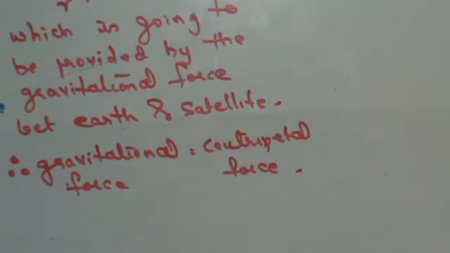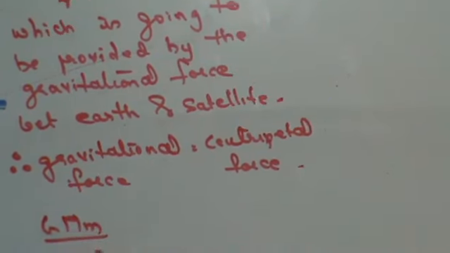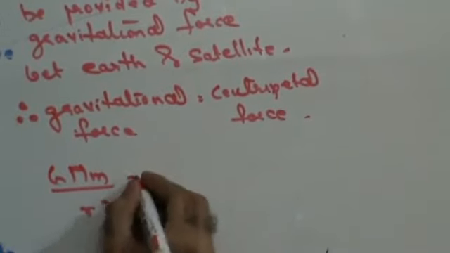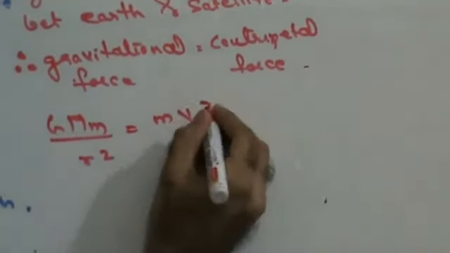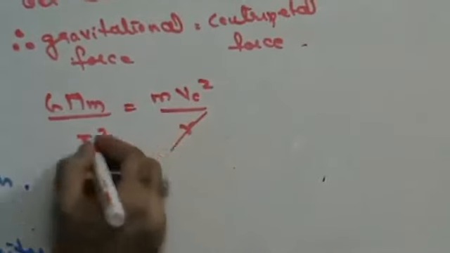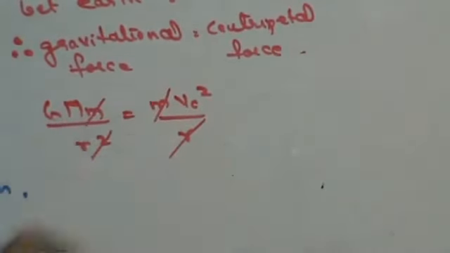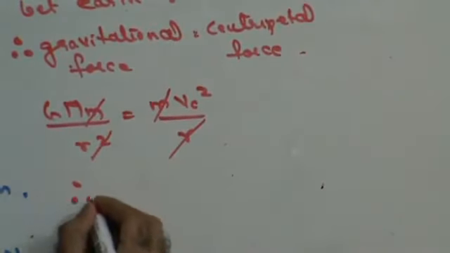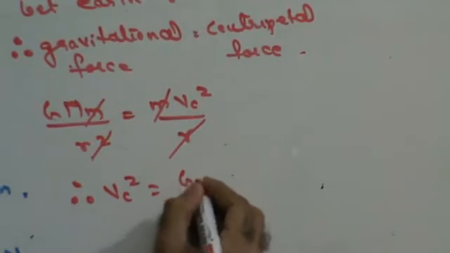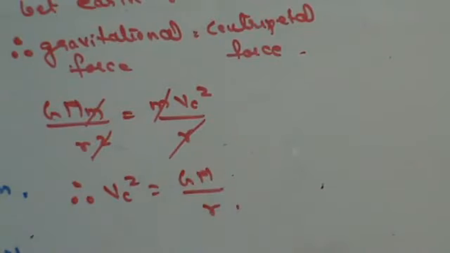right? Now gravitational force can be given by Newton's law of gravity, which is nothing but GMm upon r squared, right? Centripetal force, we know, is mVc squared by r. So r and square get cancelled, m and m get cancelled. Therefore, I will get Vc squared is GM upon r.